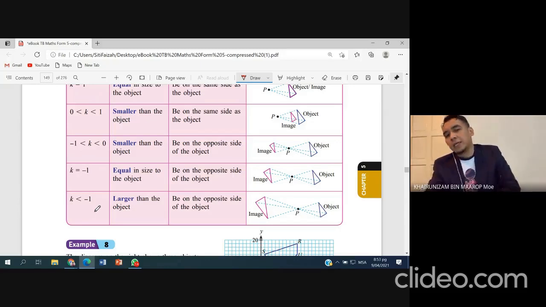So if K is less than -1, the image is bigger than the object, but the image and the object are at the opposite side. Okay, opposite side. And don't forget, if negative value, the image is inverted.